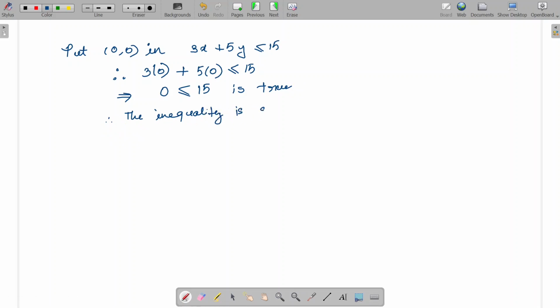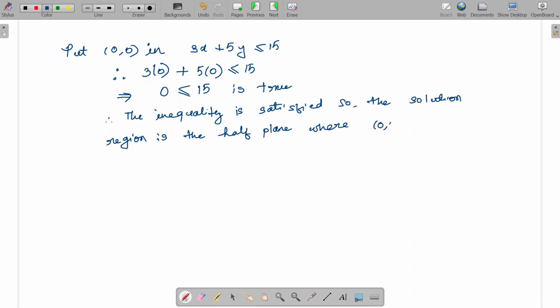The inequality is satisfied. So the solution region is the half plane where the point 0, 0 lies. That is the point which you have substituted.